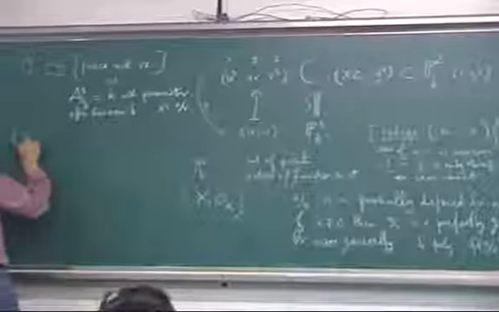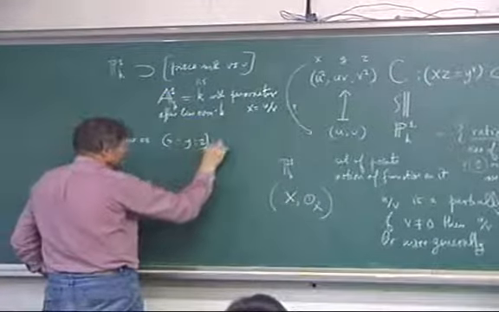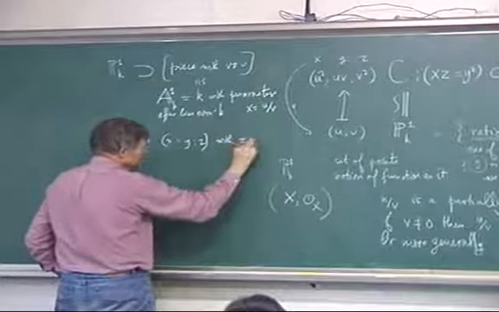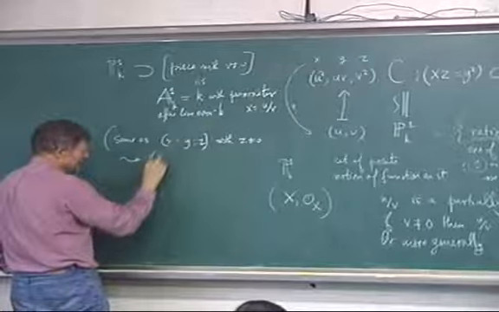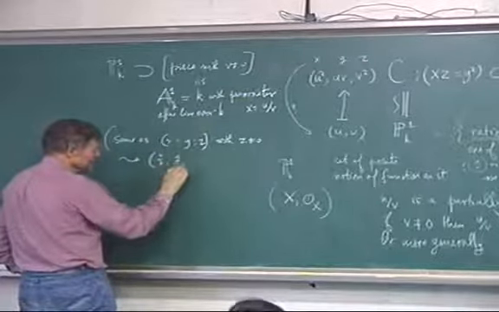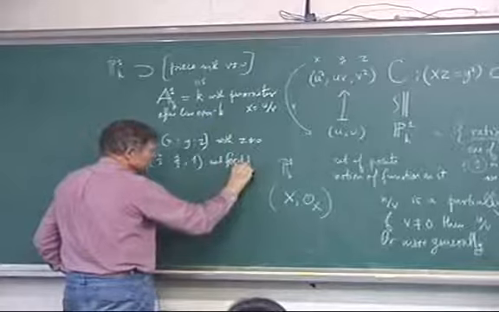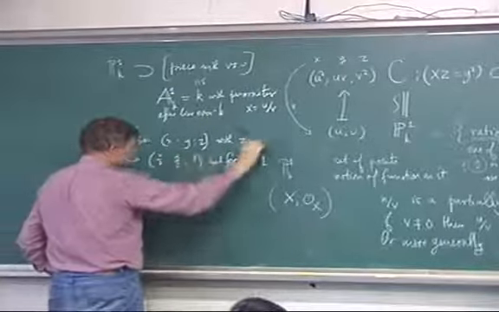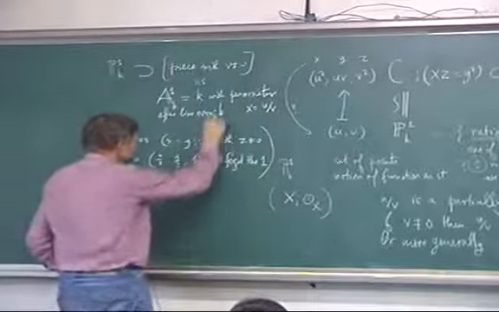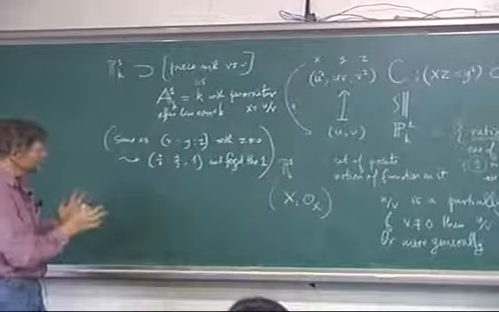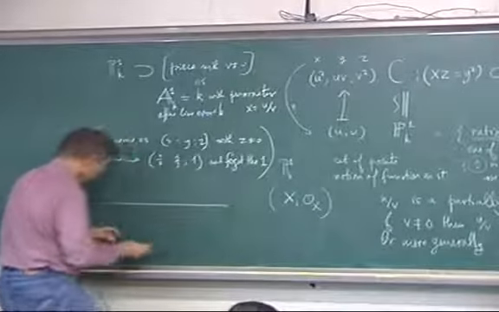This is the same as x to y to z with z not equal to 0, which is the same as, you can just map this to x over z, y over z, 1, and forget the 1. This is really now a very simple thing.